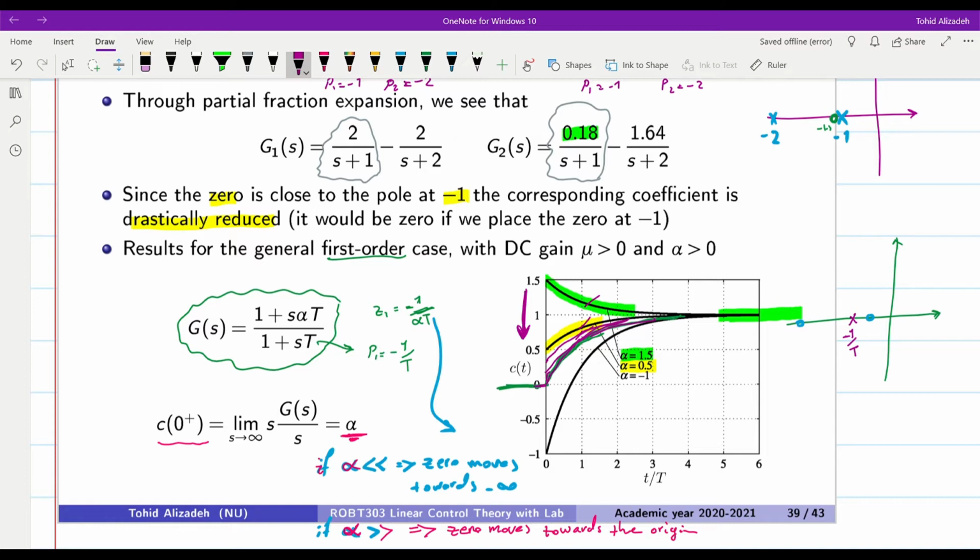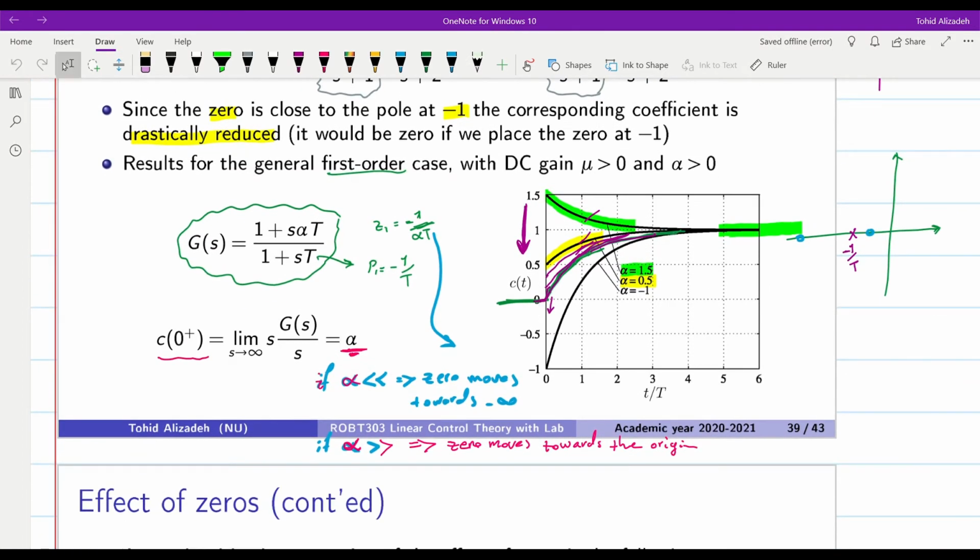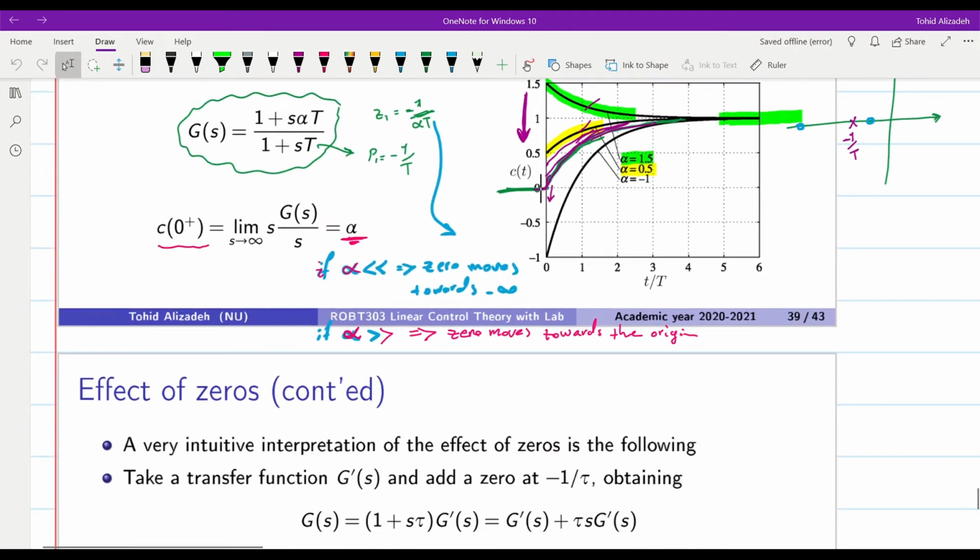And over here, alpha is equal to 0, and afterwards, alpha will become negative. When alpha becomes negative, then the step response will start from negative values, and it will obviously increase and move towards the final value, which is equal to 1. So that's what happens to the step response of the first order systems.